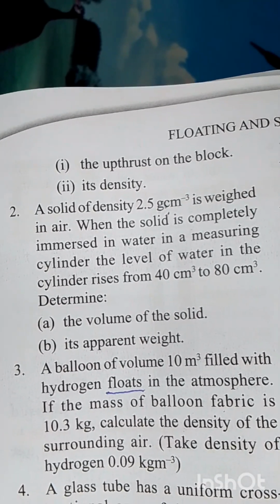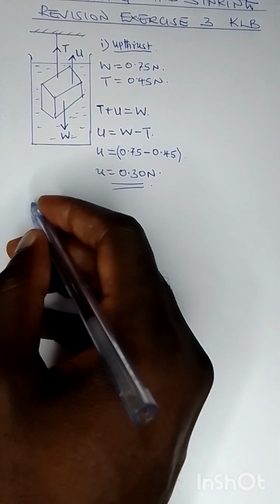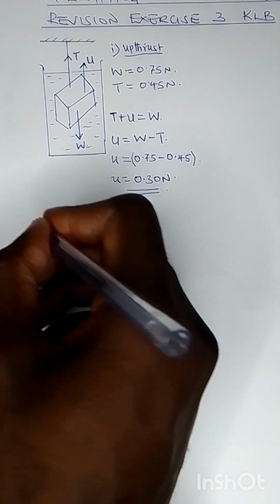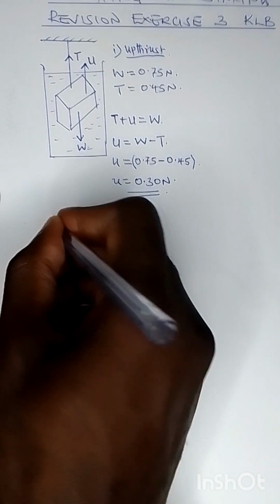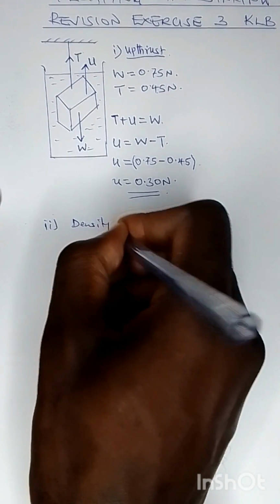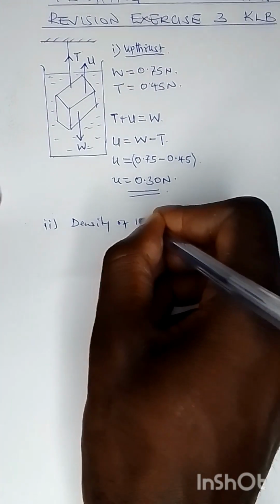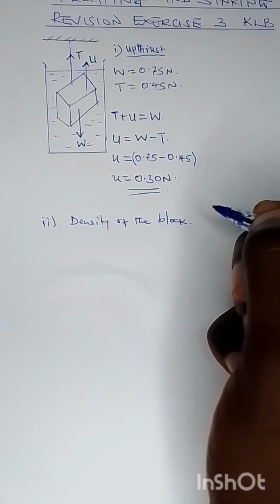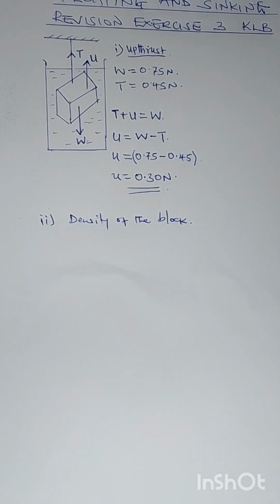The next question is calculating the density of the block. So Roman 2, we are supposed to get the density of the block. Now to get the density of this block, we will first of all give it this approach.